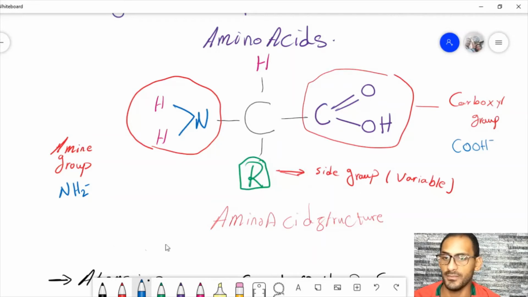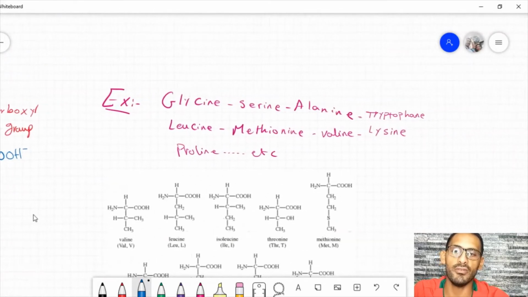Okay, we have different numbers of them and different shapes of them that give every amino acid this distinct shape and distinct properties, and how this amino acid can react and how this amino acid can perform in almost everything around us. So this is the normal structure of the amino acid, how they are made of.